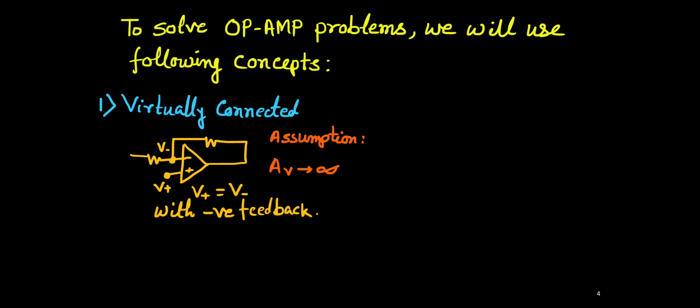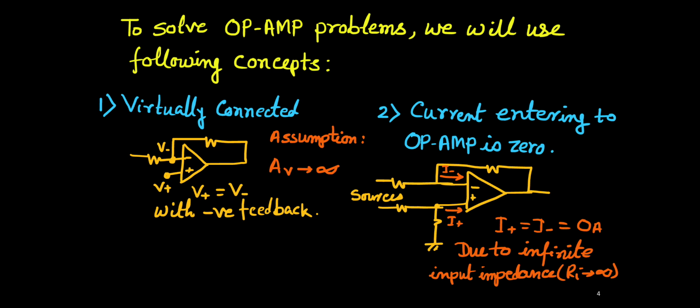This is the first concept. The second concept is that the current entering the op-amp is 0. That means I minus and I plus, the current entering the inverting terminal and the current entering the non-inverting terminal, are basically 0 ampere, meaning no current enters the op-amp.